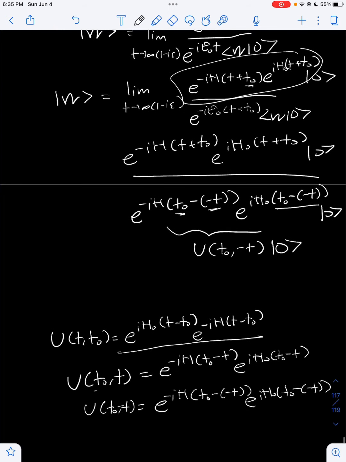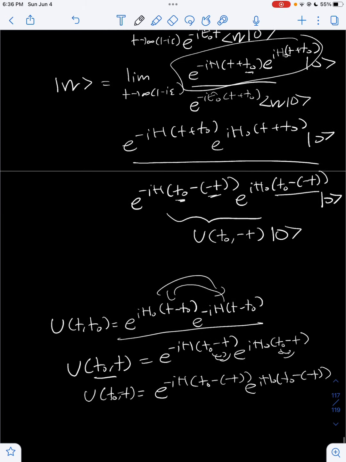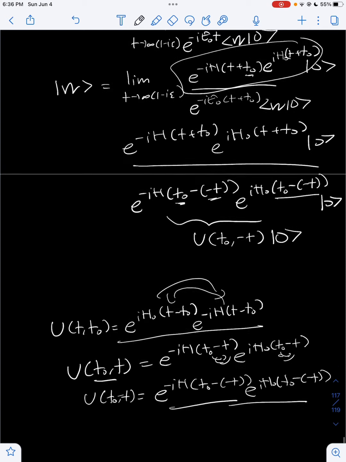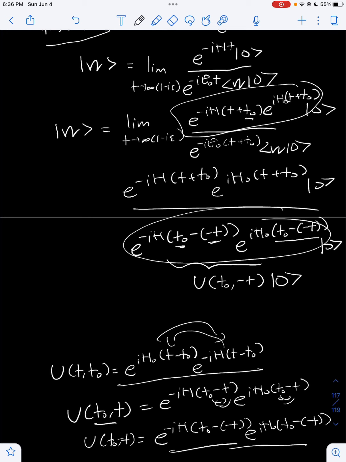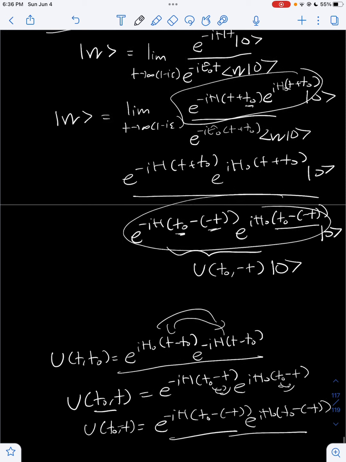So by swapping the terms in the function, that corresponds to swapping these together and then swapping the insides together as well. And then by changing the sign of t, we get this over here. So that's why this is equivalent to U of t naught minus t acting on the vacuum state.